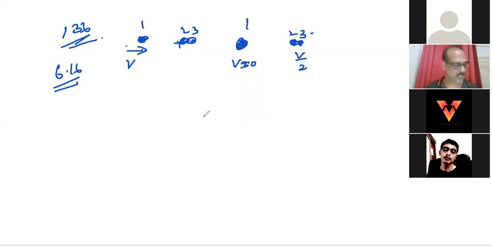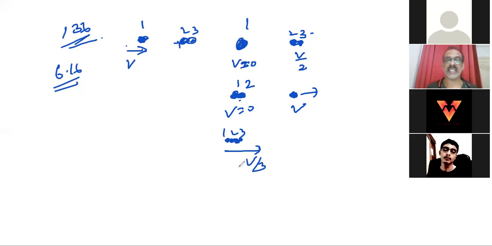Second option: 1 and 2 get stuck together, and 3 will be moving with the velocity v, the common velocity. Third option: 1, 2 and 3 all stuck together, all move with v by 3. They will share the velocity. Which is the correct answer?